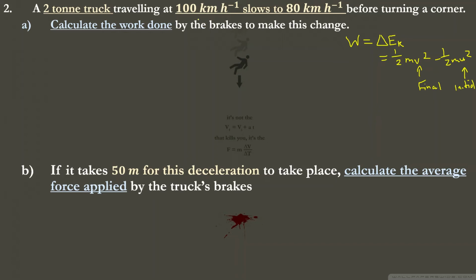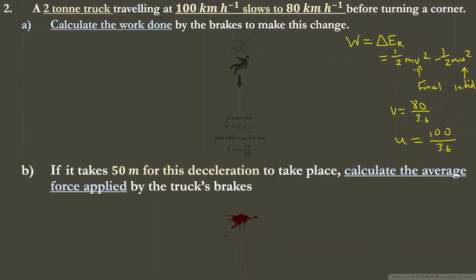We need to convert these values into meters per second. So V is equal to 80 over 3.6 and U is equal to 100 over 3.6. So there's the values we have here.